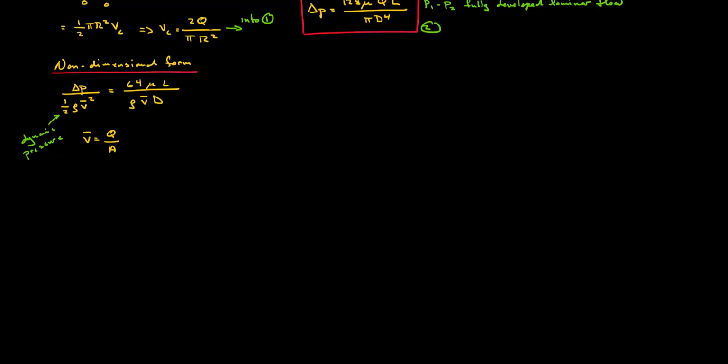Now, for those who are observing, you might see this term over here pop up. And this is none other than the Reynolds number. So we can express our non-dimensional pressure drop as being equal to 64 over the Reynolds number multiplied by L over D. And it looks here as if I forgot a squared, so we have a D squared over here.